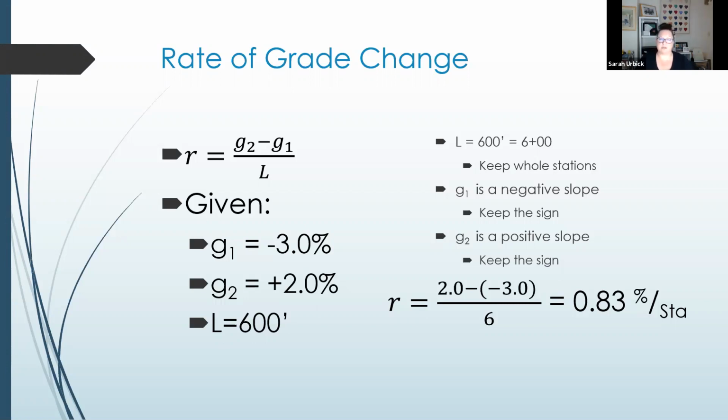So that's where we get that unusual unit of measure, percent per station. So we are increasing 0.83% for every station we travel horizontally. Sure, why not? No, seriously, I mean, that really is what it is.